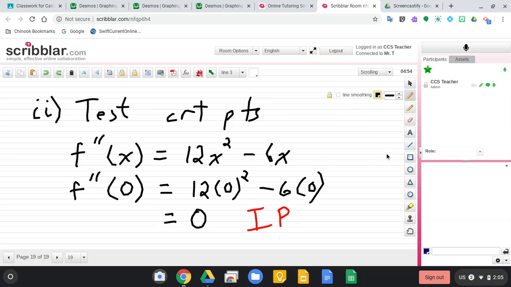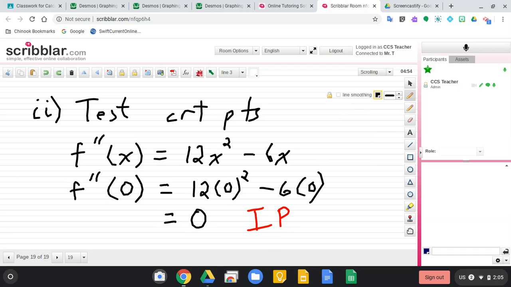When we started this example, if you back the recording up, I was very careful with my word choice. In fact, in all 3 examples I've been careful with my word choice. I've always said we have a possible critical point. And that's where the first derivative test fails. In the assignment you did from section 3.1, we were setting up those number lines and testing whether it was positive or negative, increasing, decreasing.